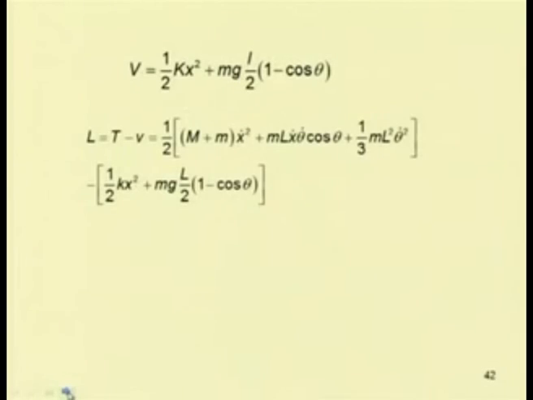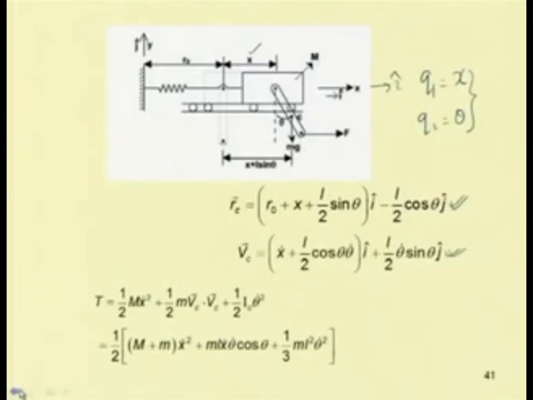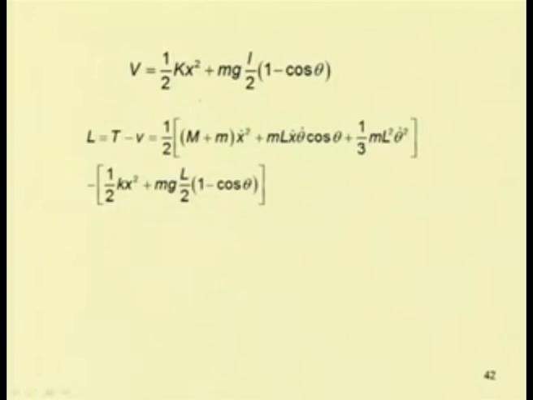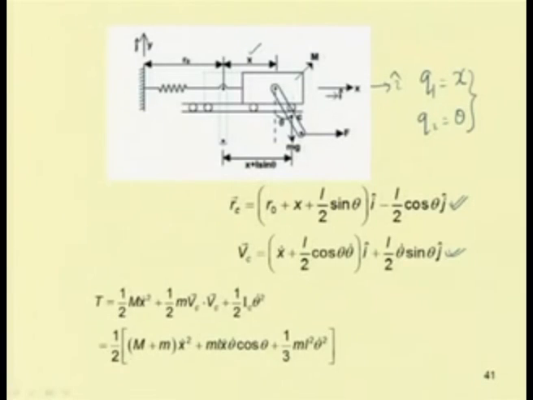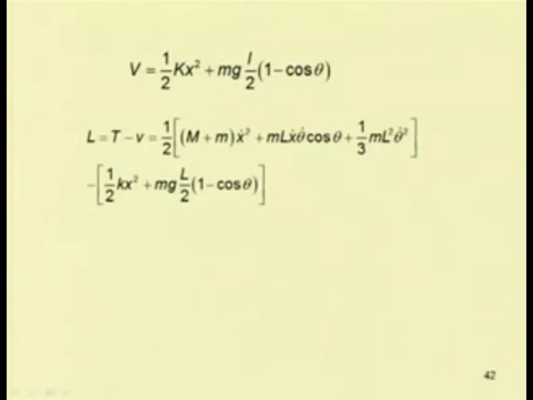Now, the potential energy of the system is due to the potential energy of the spring and due to the change in position of the mass center of this bar. The potential energy due to the spring is half k x square, plus the potential energy due to the change in position of the bar, which is m g into L by 2 into 1 minus cos theta.